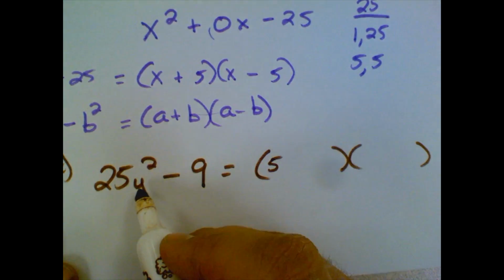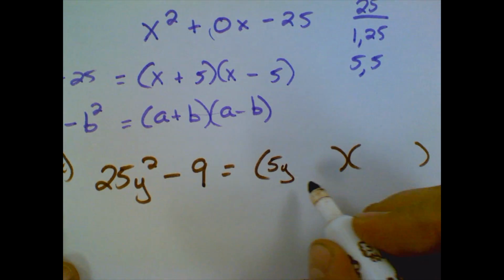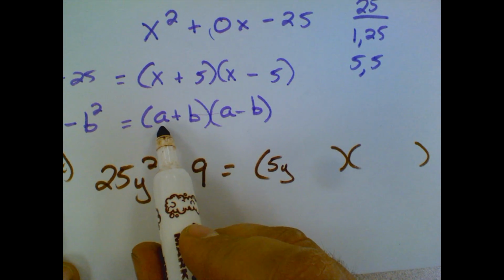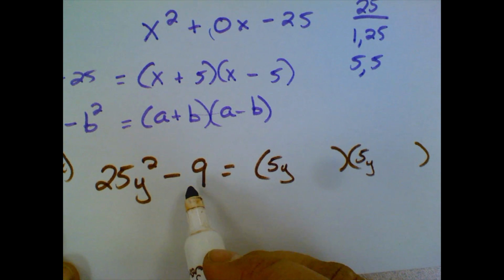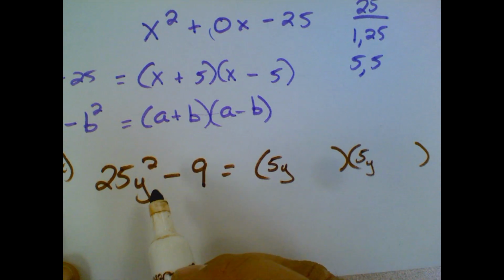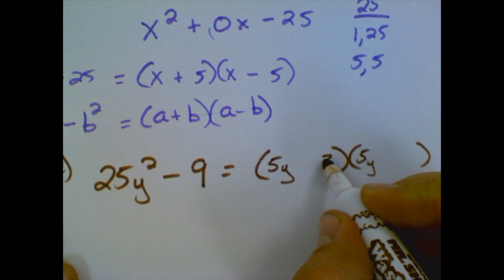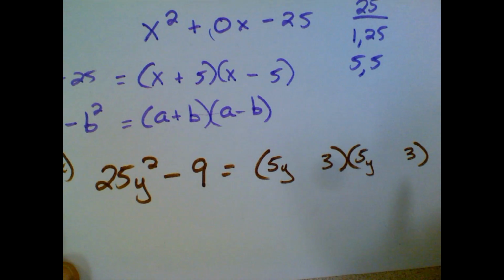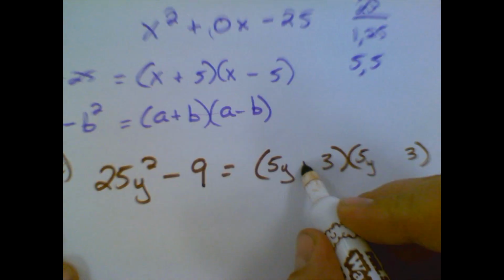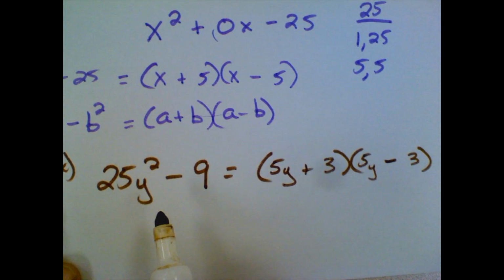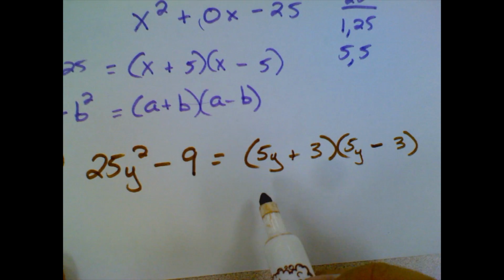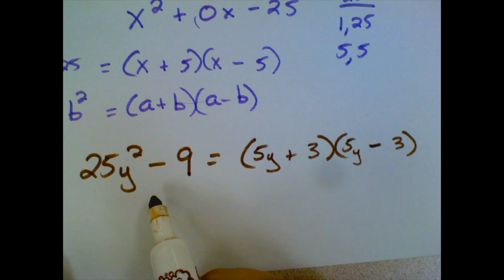The square root of y squared is just y. So I need an a here and an a here, so that's 5y and 5y. And then if we take the square root of 9, that'll be our b value. I think we all agree the square root of 9 is 3. And if we follow the pattern, one plus and one minus. And if you FOIL this out, you will end up with 25y squared minus 9. So these are the two factors of this polynomial.